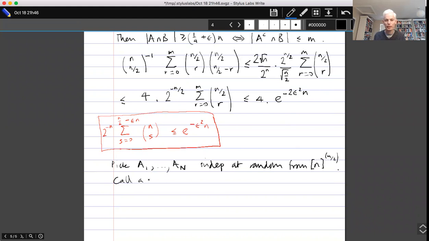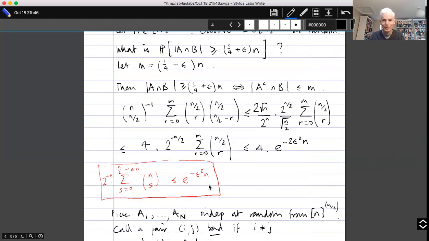Let's call a pair ij bad if i doesn't equal j and Ai intersect Aj is greater than or equal to, right, let me make sure I get this right.